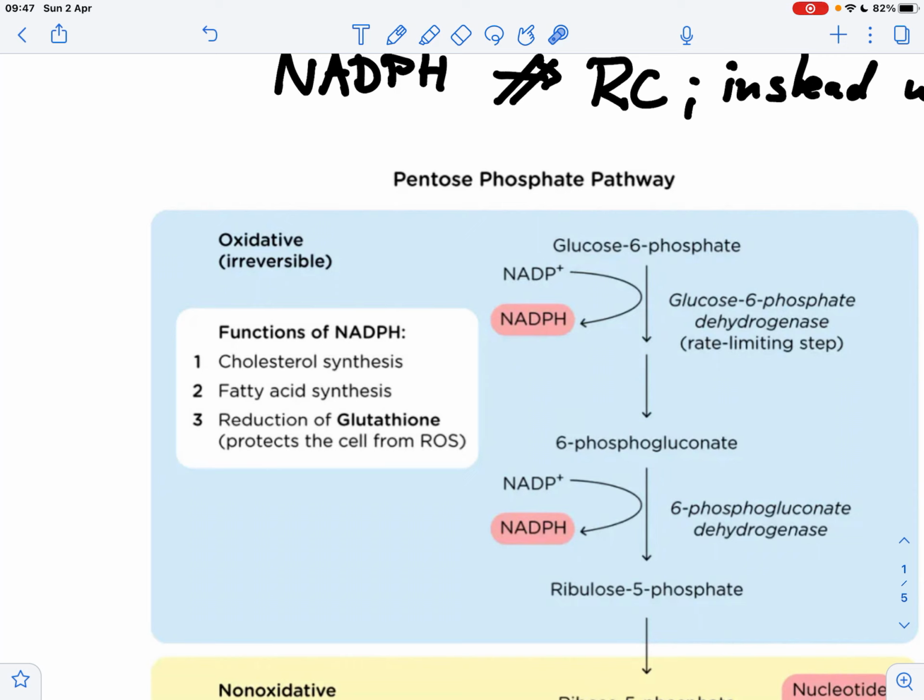NADPH is widely used in cholesterol synthesis, and you've learned that cholesterol is important for the membrane integrity, for fatty acid synthesis, predominantly in the liver, and also for the reduction of a molecule called glutathione, which protects cells from the oxidizing effects of oxygen.